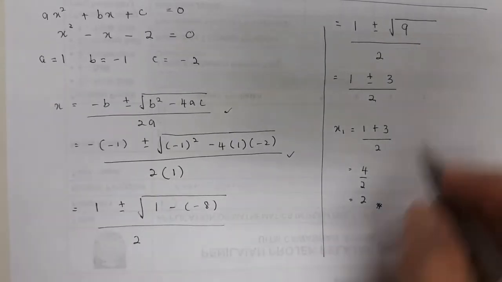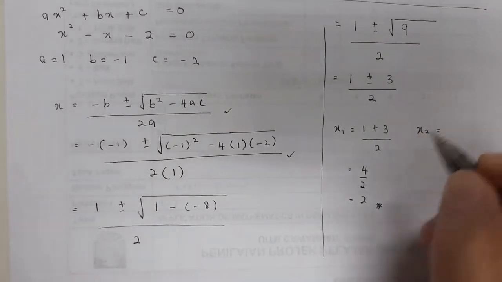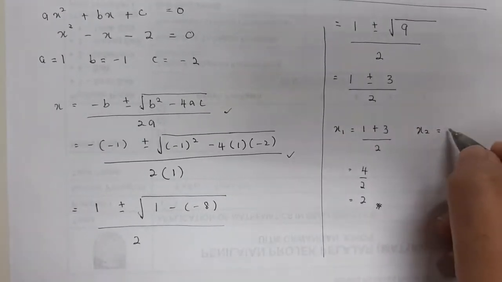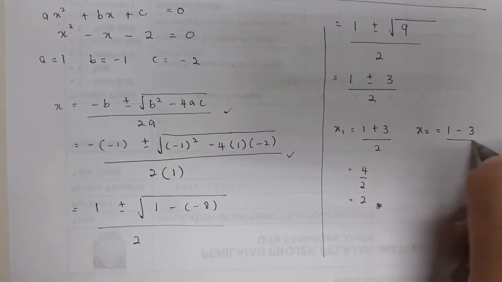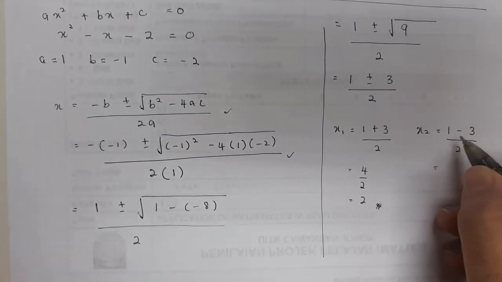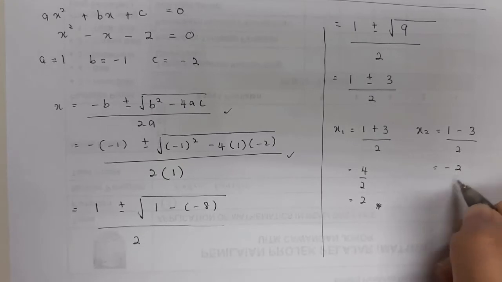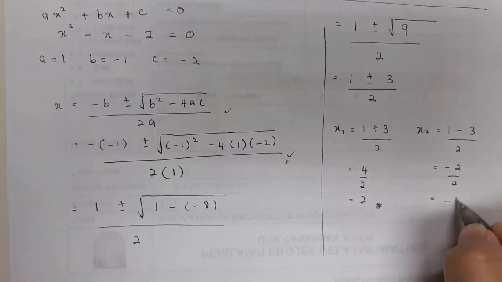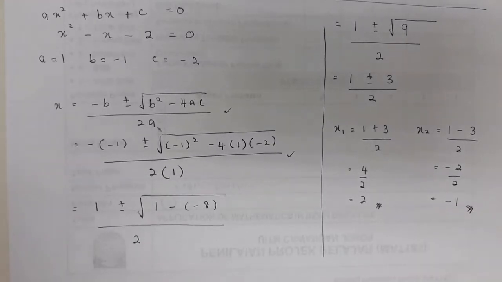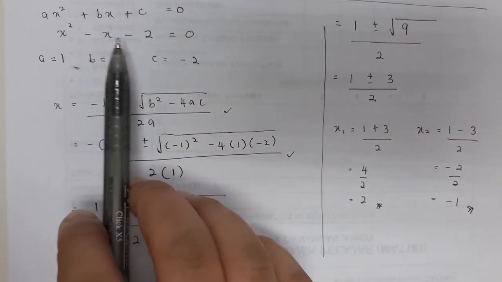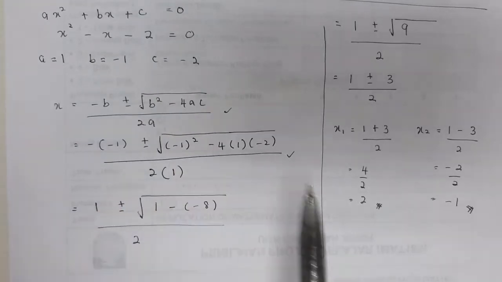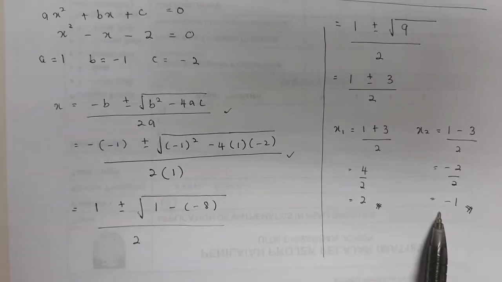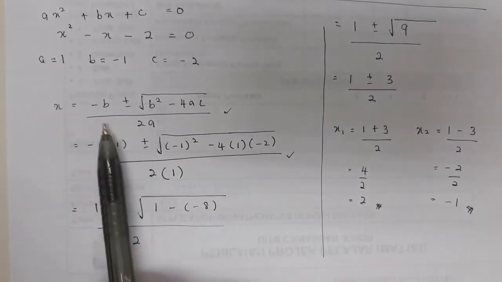The second value of x equal 1 minus 3 over 2. 1 minus 3, negative 2 over 2. Simplify negative 2 over 2 equal to negative 1. So from x squared minus x minus 2 equals 0, we get x equal 2 and x equal negative 1 by using quadratic formula.